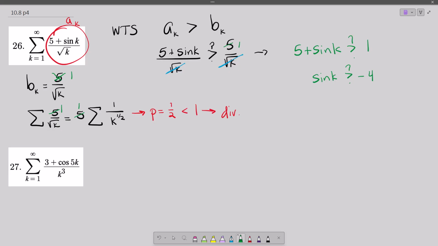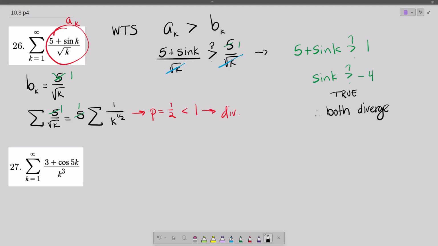So now we've picked a constant that gives us the direct comparison test as a definitive test to use. So therefore, both diverge. This one diverges, so this one must also diverge.